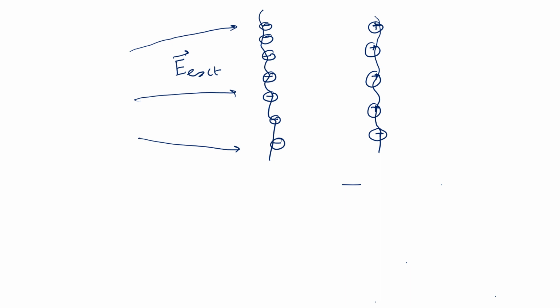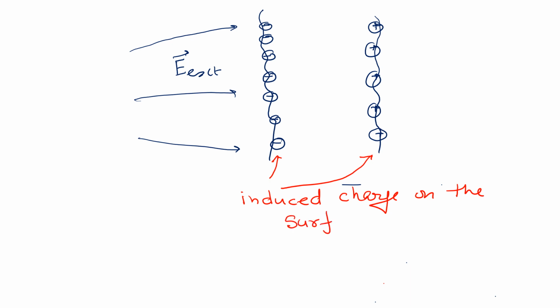So what you would end up getting is that on these surfaces there would be an induced charge on the surface. And that goes back to the condition we had put on the ideal conductor, that the electrons can only move as far as the surface of the conductor is.